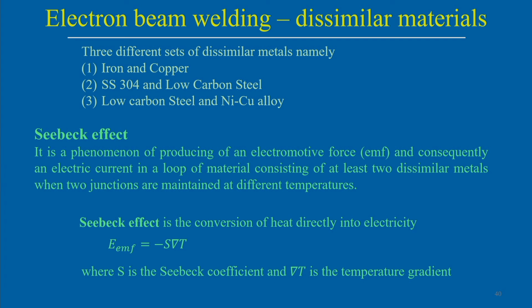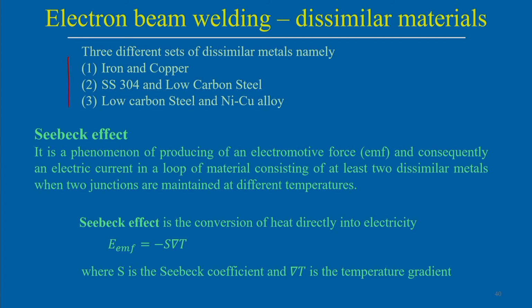In that case, one has a certain percentage of carbon, but the other material has almost no carbon. So, these are the three sets of materials that researchers also tested using the electron beam welding process.